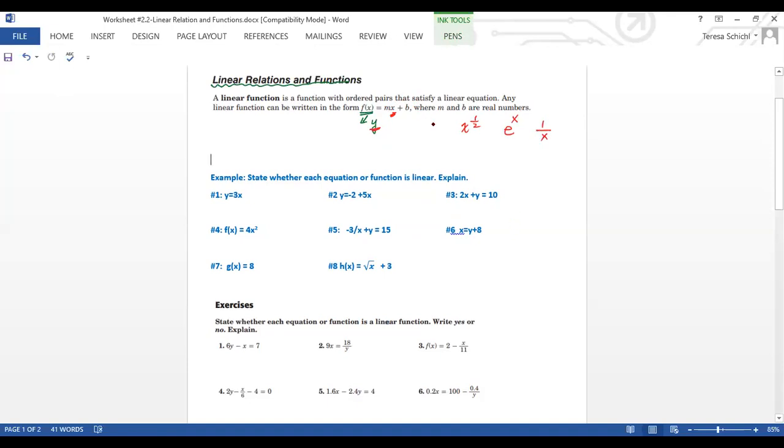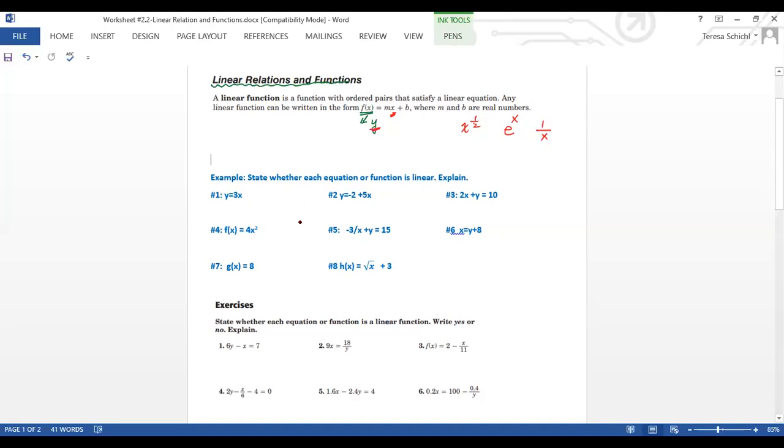It's just x and y. The same goes for y. You cannot have y with square roots, exponents, or in fractions. So it's just x and y and some constants. That's how we identify whether a function is a linear function or not.